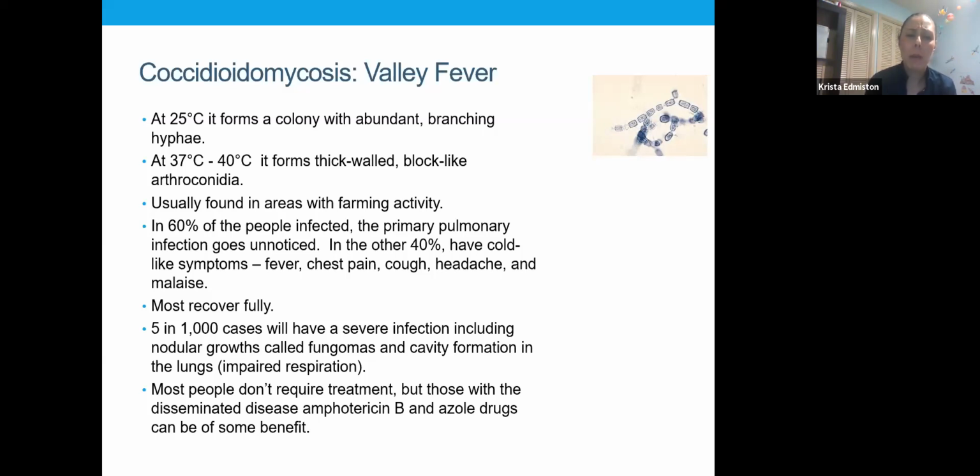In 40% of people, it might get a little bit more where you're having fever, cough, chest pains, but most people fully recover. In 5 in 1,000 cases, you can have a very severe infection, including fungulomas that can form in your lungs. So these big masses of fungal cells inside your lungs that inhibit you from breathing.